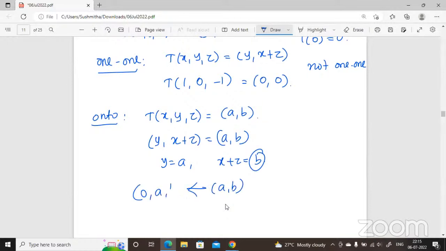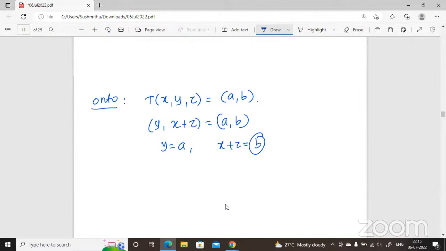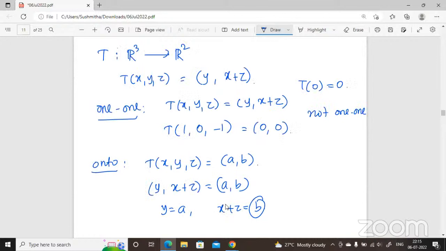(0, a, b). Now here, how did you make (y, x plus z) equal (a, b)? I didn't write down the details completely. For every (a, b) in R2, I want to find an x. Is it clear?